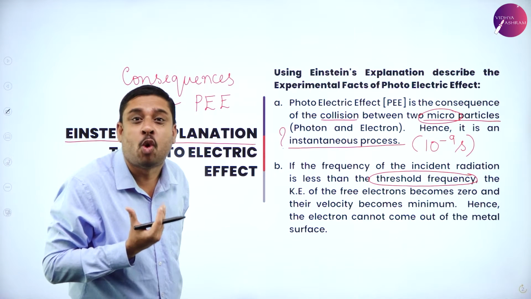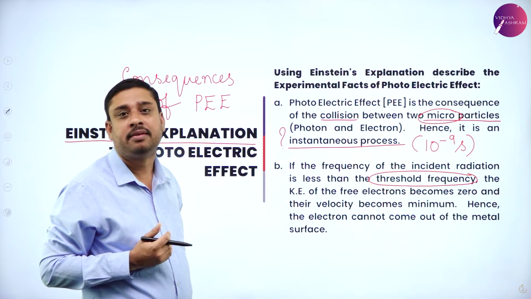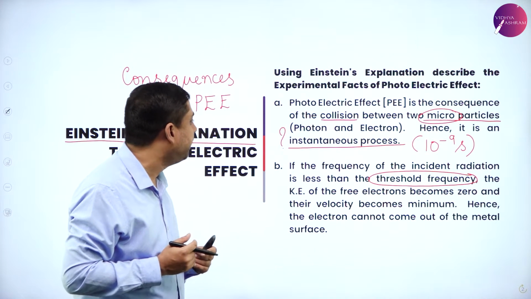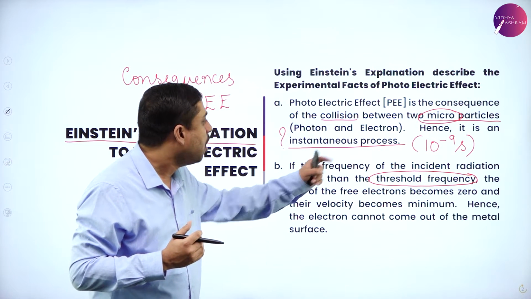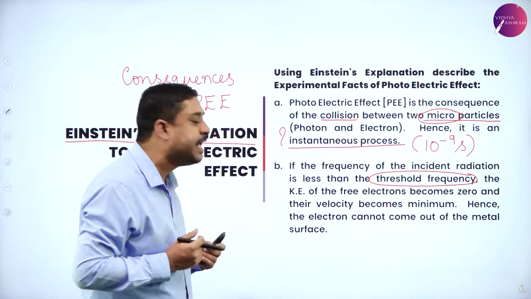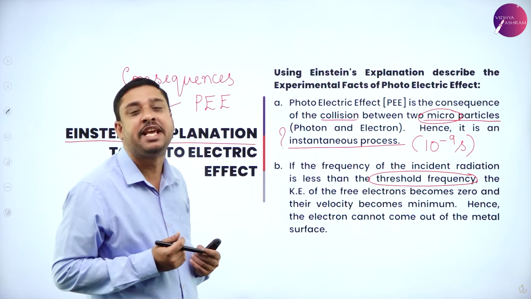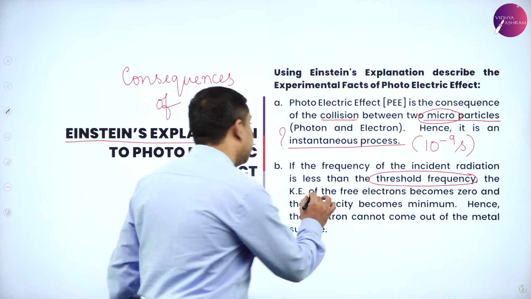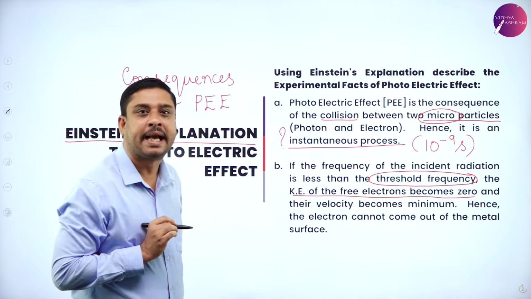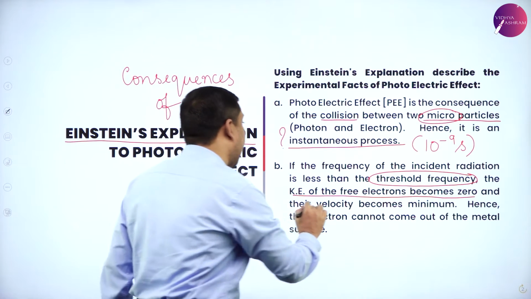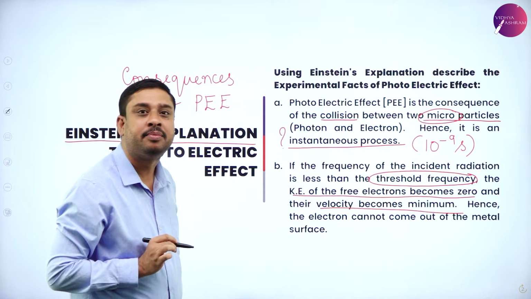Why does threshold frequency play such an important role? You understand, if the frequency of the incident radiation is less than threshold frequency, the kinetic energy of the electrons becomes zero and their velocity becomes minimum.